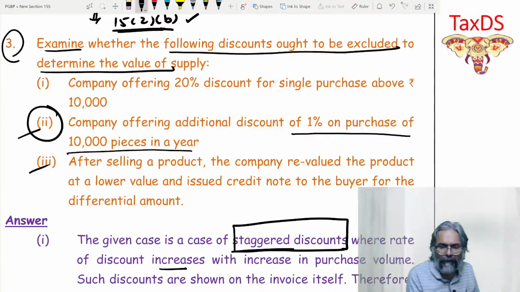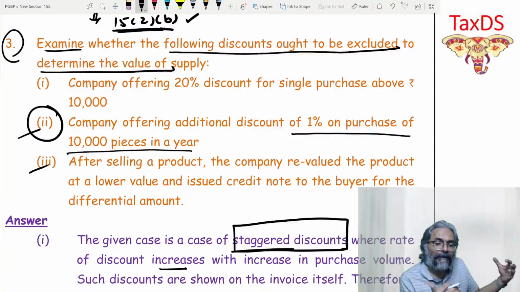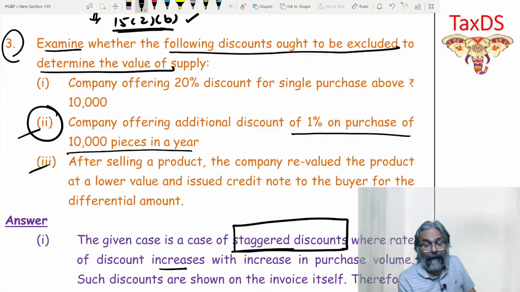How am I going to read 2? Company is offering additional discount of 1% on purchase of 10,000 pieces in a year. Now, I don't know whether this additional discount would have been given as a term of supply which was in existence at or before the time of supply.